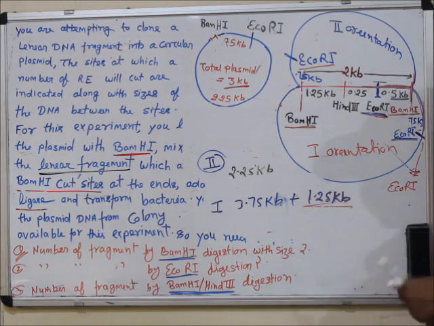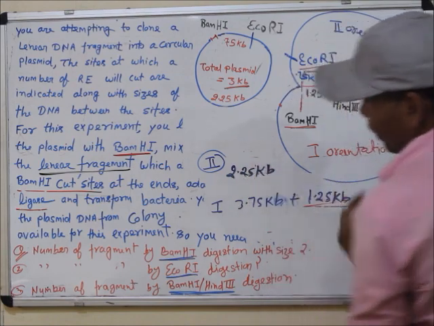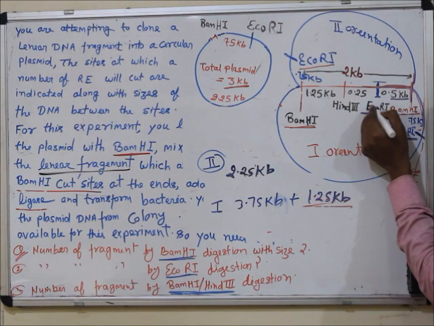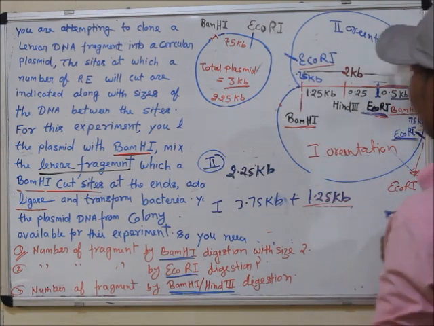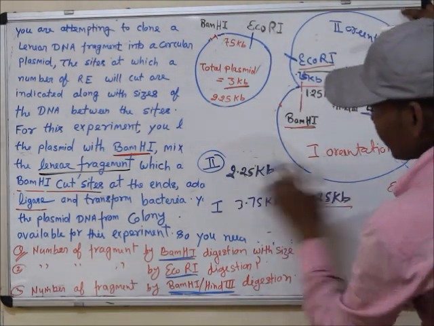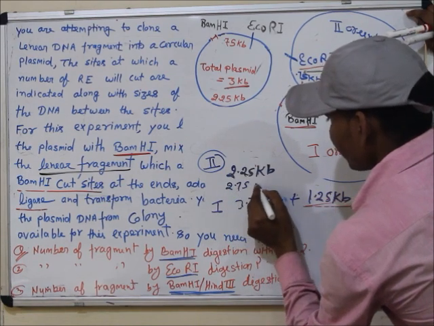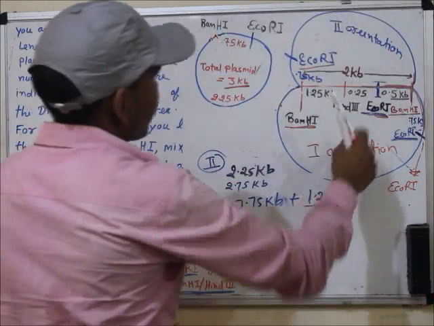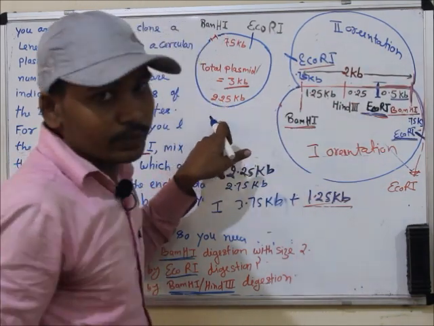So you can also draw 2.25 kb from here to here, and the remaining part would be another fragment, that is 2.75 kb. You can calculate the remaining fragment as 0.5 kb and then 2.25 kb.